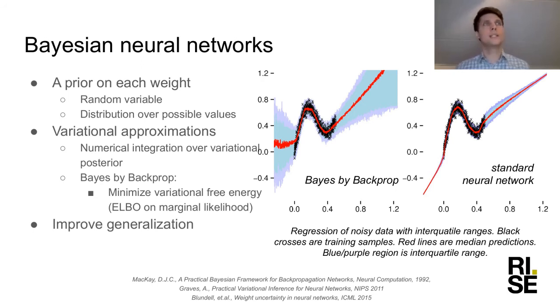So in the variational approximations for this, it includes numerical integration, but we do this over the variational posterior, which can sometimes be easier than to do it over the original, the true posterior. Bayes by backprop is one way of doing this, and for this, the variational free energy is used. This is the ELBO on the marginal likelihood.